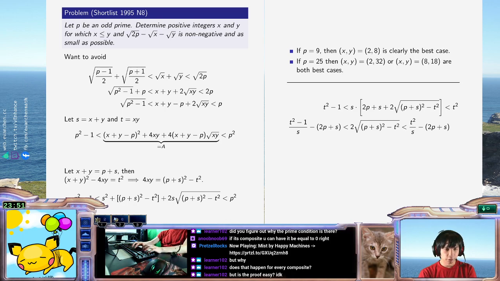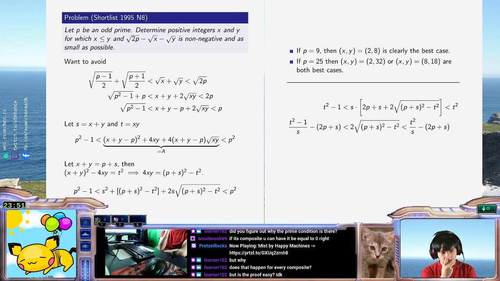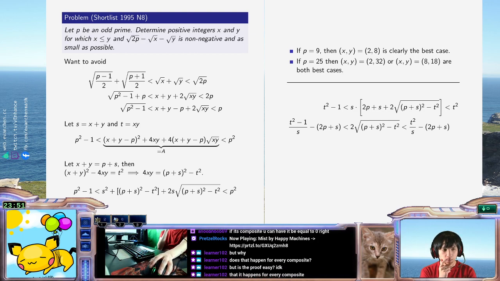But is the proof easy? Proof of what? That it happens for every composite? I don't know if that happens for every composite.